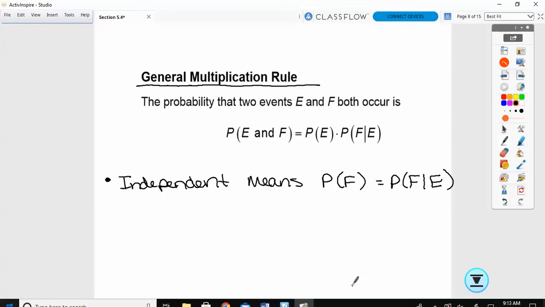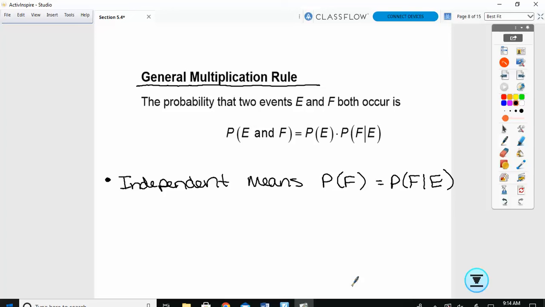So we've talked about mutually exclusive meaning the probability of both things happening is 0. In terms of independent, we just did the probability of E times the probability of F. So if they're independent, the probability of F is the same thing as the probability of F given E.